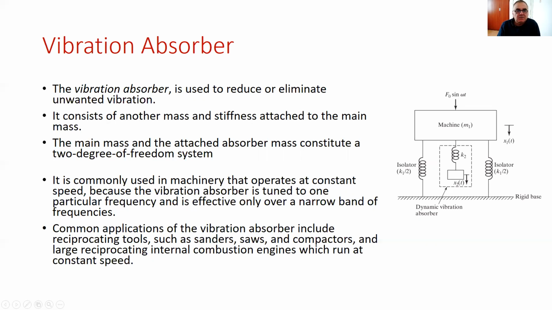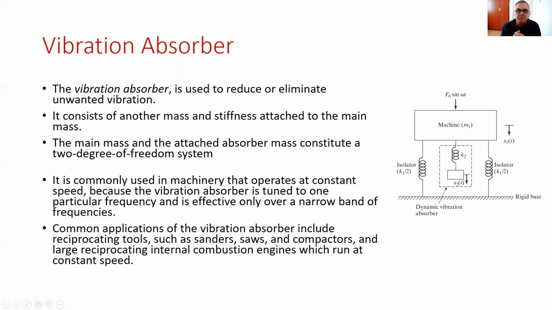If you tune that vibration absorber correctly, it can absorb the machine's vibrations and let itself vibrate, so that the vibrations of the main system are going to be decreased.